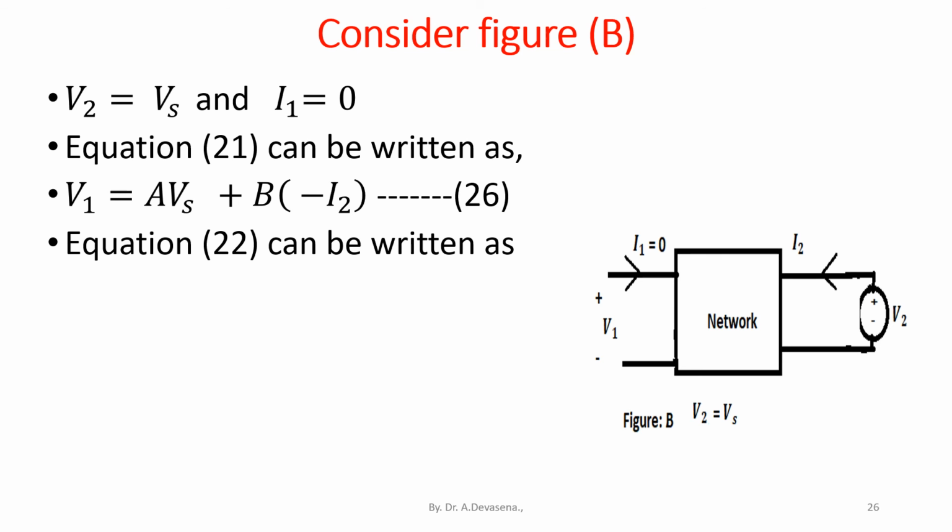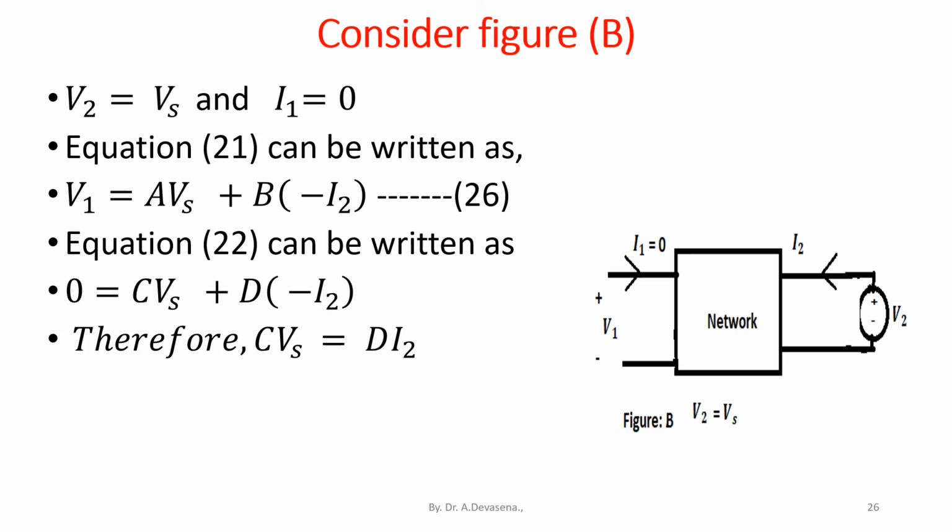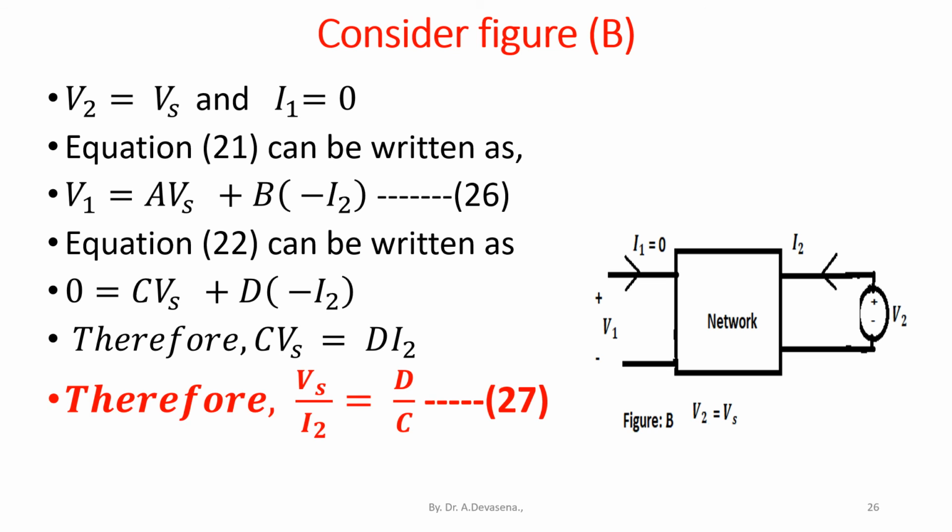Equation 22 can be written as 0 is equal to C into Vs plus D into minus I2. Therefore, C Vs is equal to D I2. That is, Vs by I2 is equal to D by C. Consider this as equation 27.